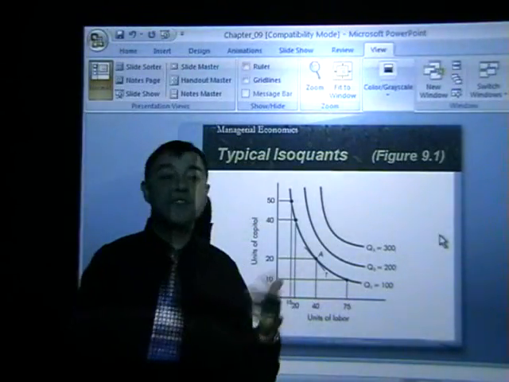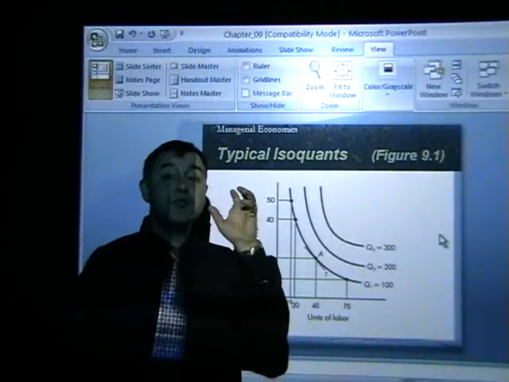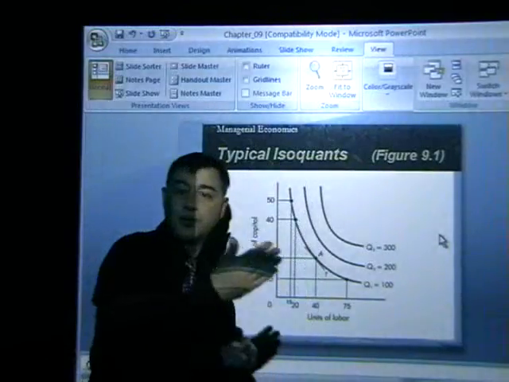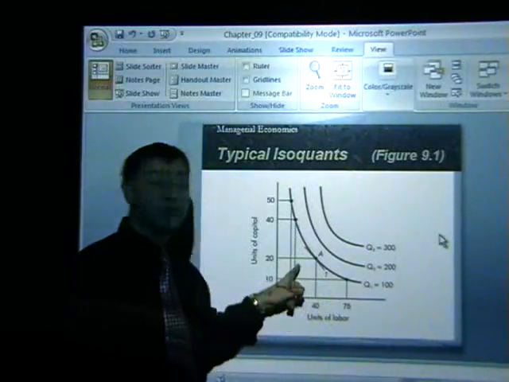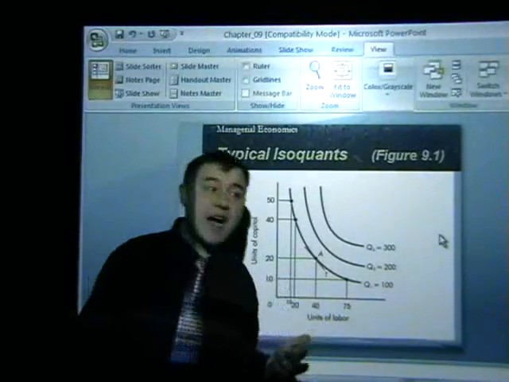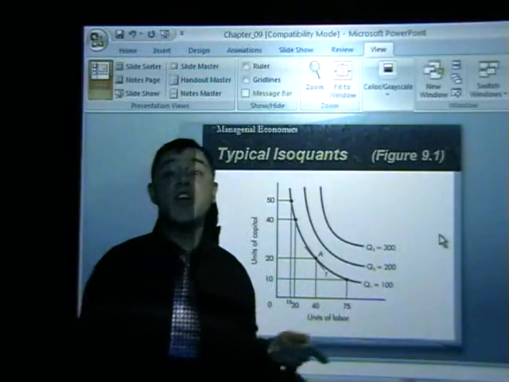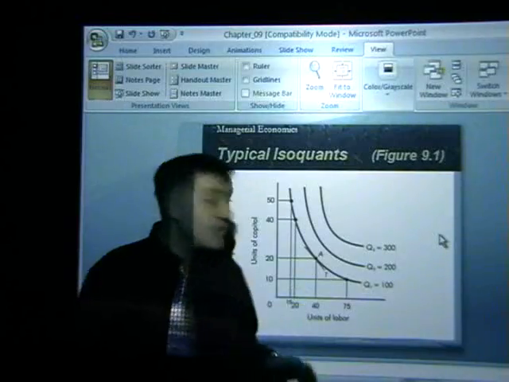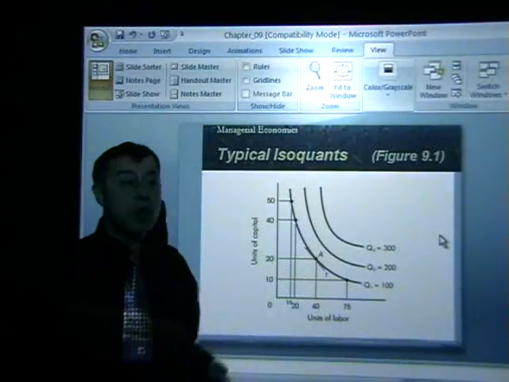So, for the marginal rate of technical substitution, you have to be careful. Are you talking about labor for capital or capital for labor? If labor for capital is actually 3.5, then the other one will be 1 divided by 3.5. So, this is the simple concept.